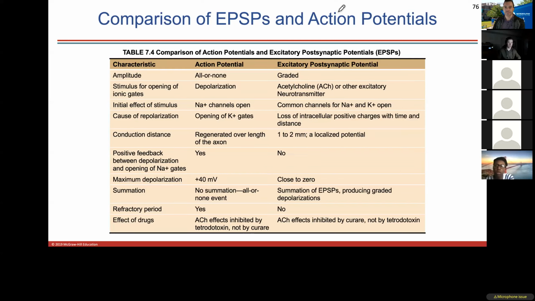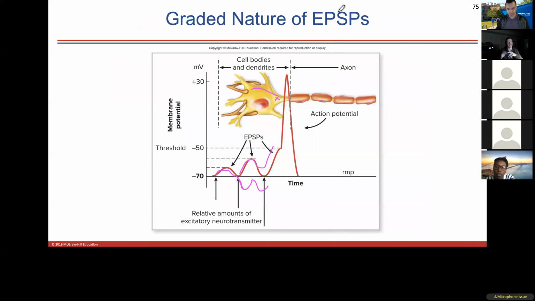So for an action potential, it's all or nothing. But for an EPSP, there has to be enough of these tiny bits of energy to add up to hit threshold. And if they don't, nothing happens. Because those EPSPs just travel a very short distance.